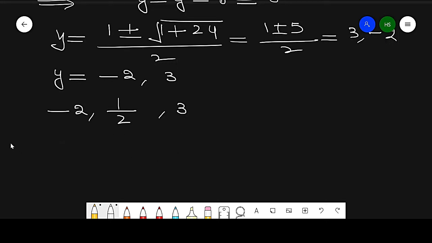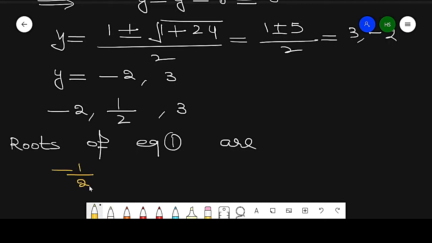They are reciprocals. Taking reciprocals, we get 2, -1 by 2, and 1 by 3. So the roots are 1 by 3, -1 by 2 and 2. So this is the root of our equation. In this way we can find the roots in harmonic progression.